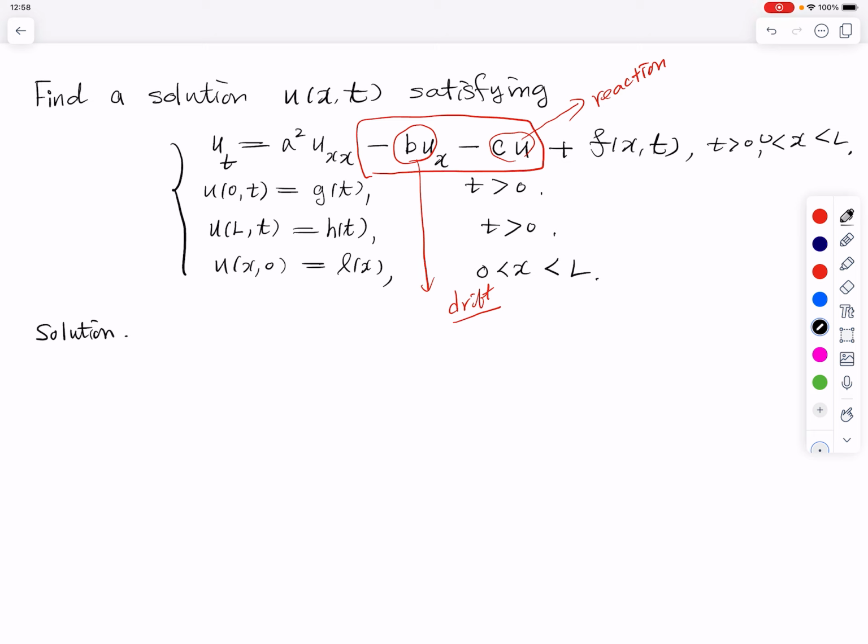We will also use the heat equation we discussed in the previous lectures.